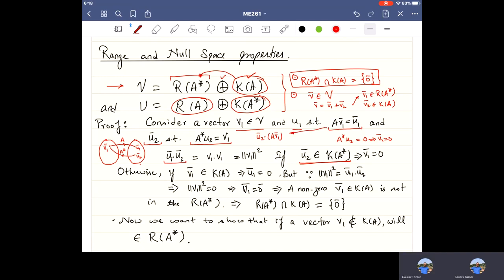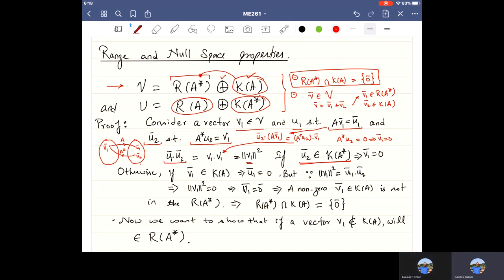And I'm claiming that v1 does not belong to K of A. Then, using one of the conditions defining the transpose, I can transform this into A star of u2 dot v1. That gives v1 dot v1, which is the norm of v1 squared.